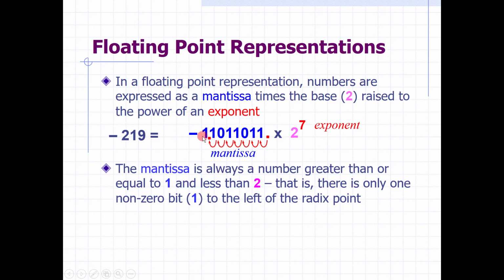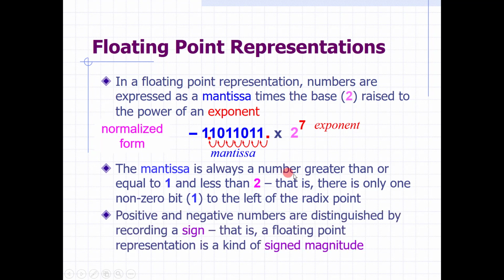In base 10, we'll move it until this number is between 1 and 9, I guess. I shouldn't say always, but normally. So when we're in normalized form, that will be the case. Again, the number could be recreated if we know the sign, the mantissa, and the exponent. And we'll assume that we know what base we're working in at all times.